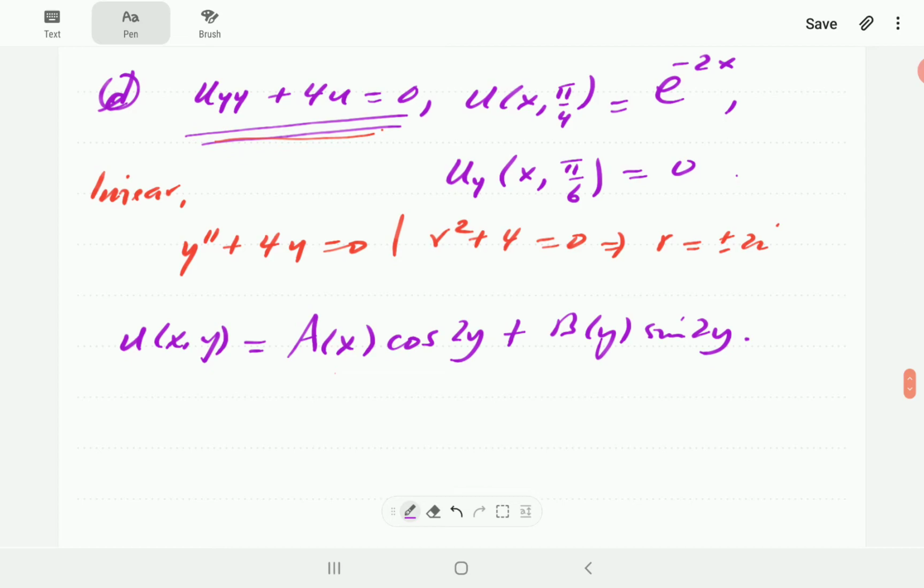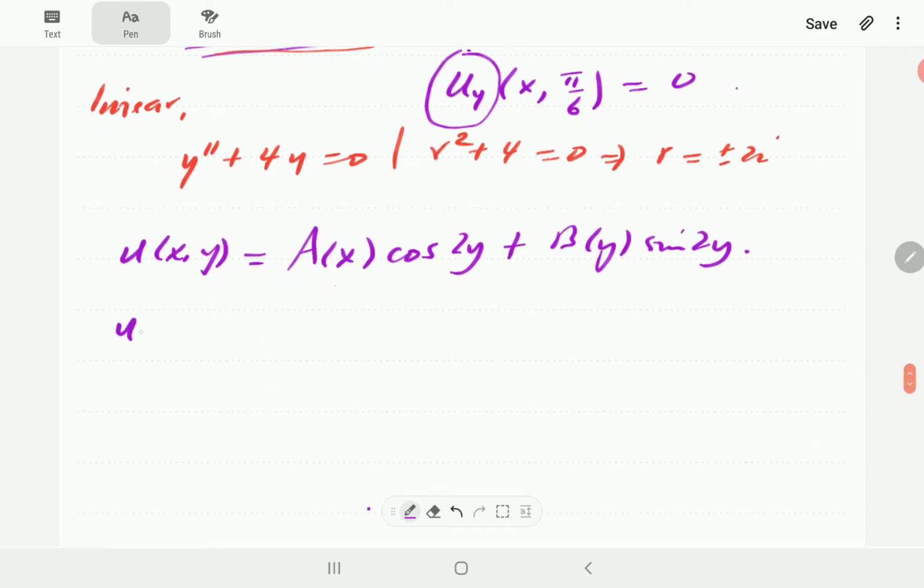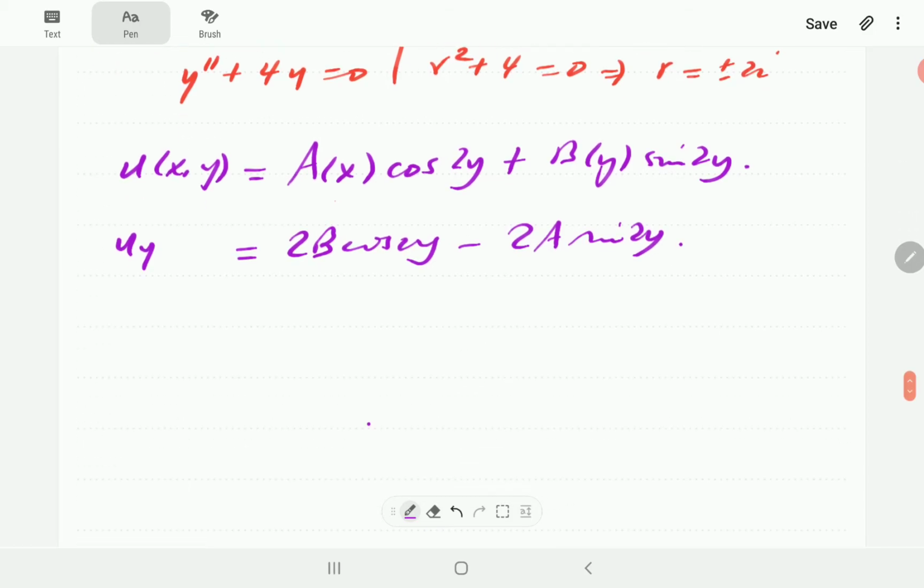Then we see here that we are going to need the y derivative before we plug in. So differentiate this. So it's going to be 2b cos 2y minus 2a sine 2y. So that's the y derivative.